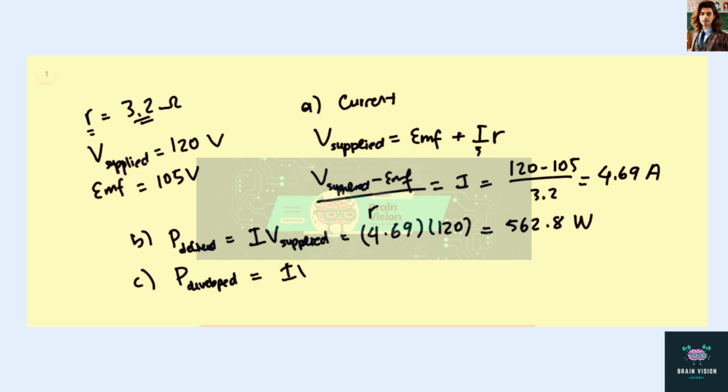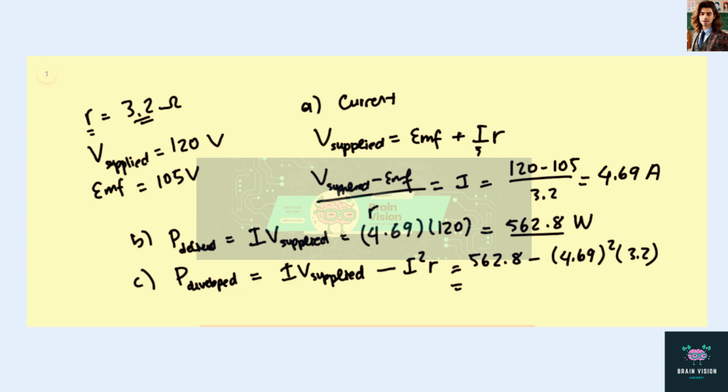So then it's going to be equal to IV, the supplied power we calculated here, minus the power dissipated due to this resistor, I squared times R. So I times V supplied, we calculated it to be 562.8, minus now 4.69 squared times 3.2. So when we do this calculation, we're finding the power developed by the motor to be 492.4 watts.